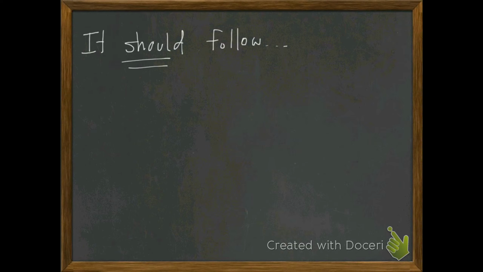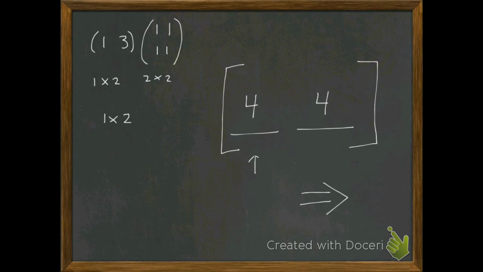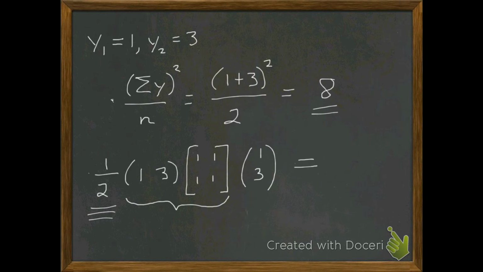And so, guys, it should follow that if the sum of squares for the total is equal to, let's go back here and just make sure that you know the connection I'm trying to make here.